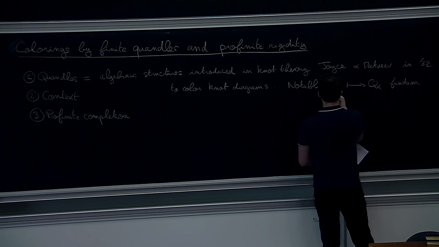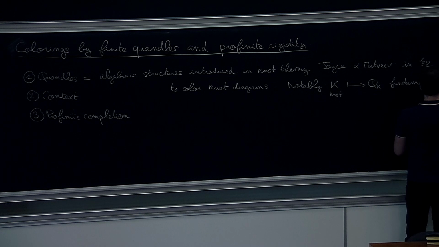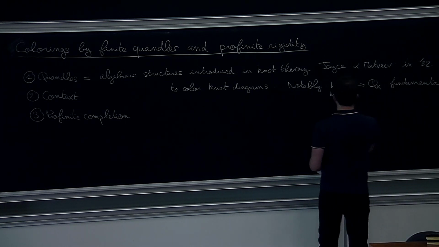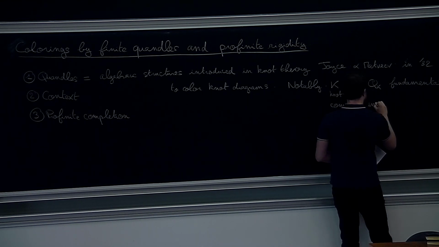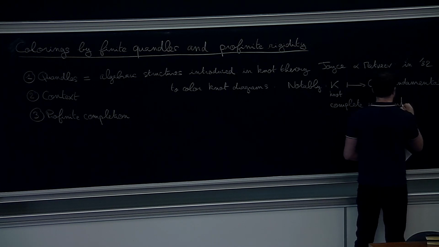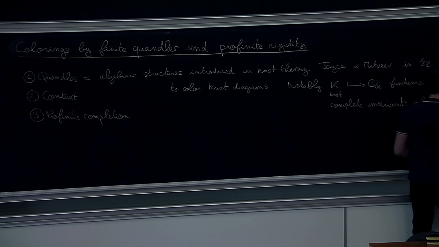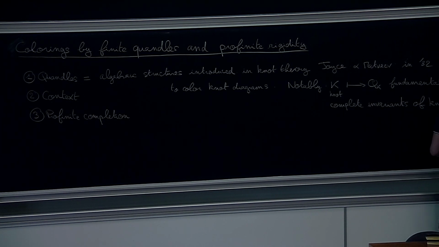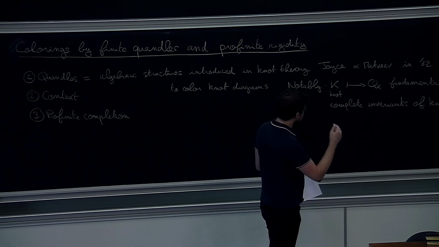So K is a knot. And this is a complete invariant of knots, up to taking mirror images. And so why is that?